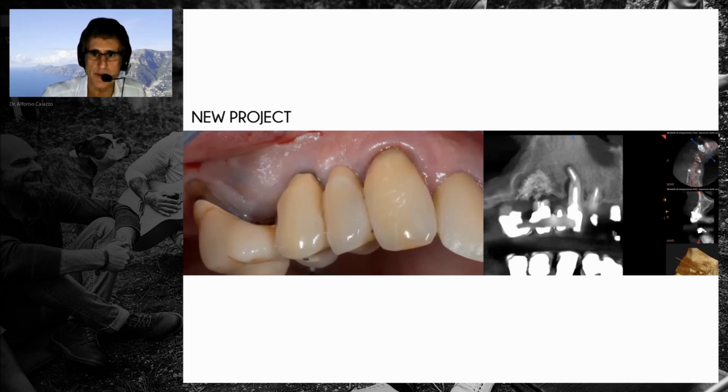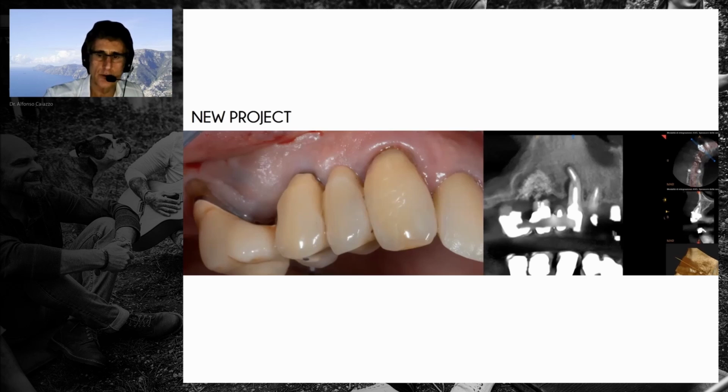This is Arturo, who comes in with a broken bridge on the right posterior maxilla. The treatment plan was to replace the canine, the two premolars, and the molar. We decided not to go with the canine at the beginning because we didn't have a buccal plate at the canine, so we couldn't do an immediate placement on that side.